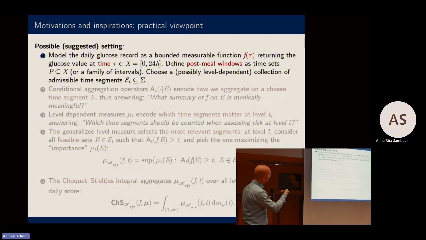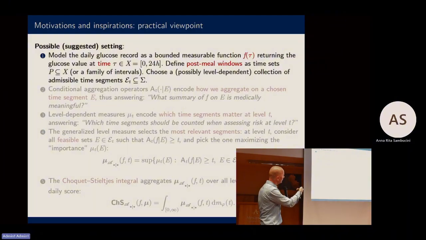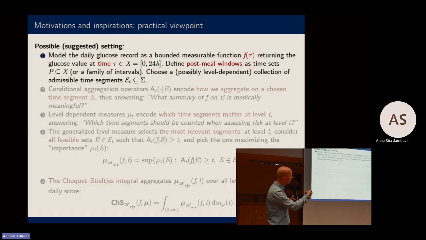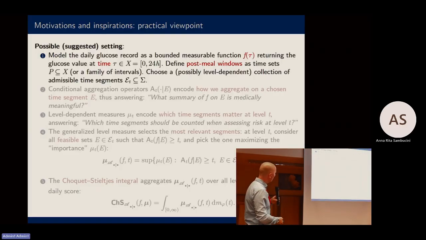Let us model the daily glucose record as a bounded measurable function. It means we have time from the interval 0 to 24 hours. Let's say we define some post-meal windows as a time set and choose a collection of admissible time segments, let's say 2 hours after or just 1 hour after some meal and so on.